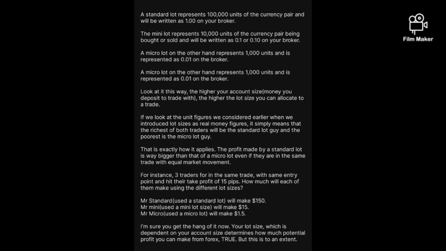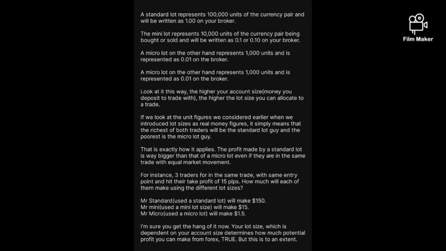For instance, three traders take the same trade with the same entry point and each has a take profit of 15 pips. How much will each of them make using the different lot sizes? This is a question. Mr. Standard, who uses a standard lot size, will make $150.